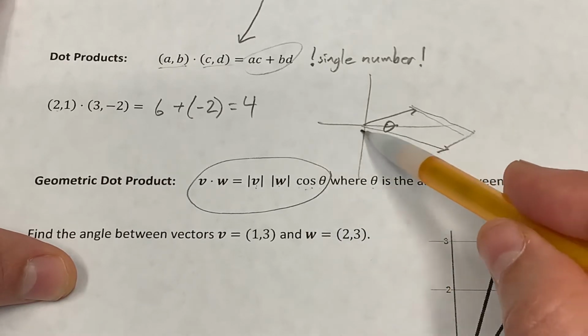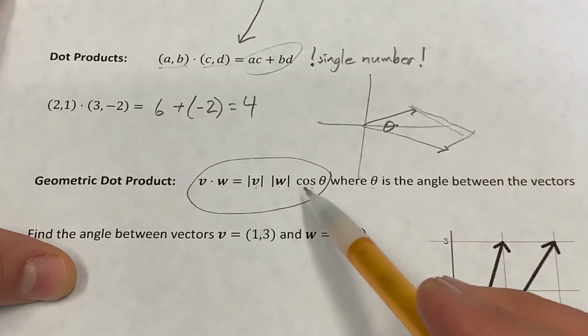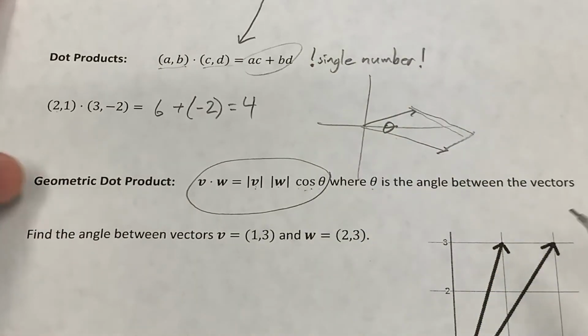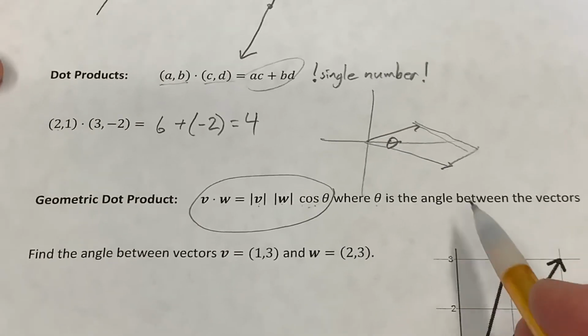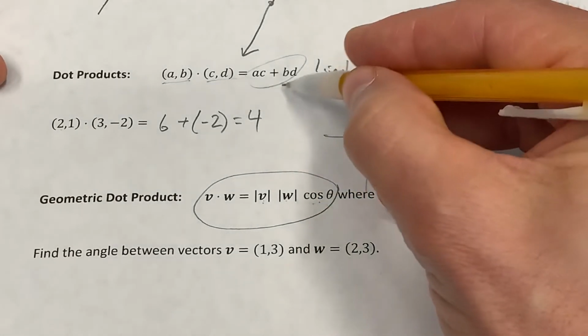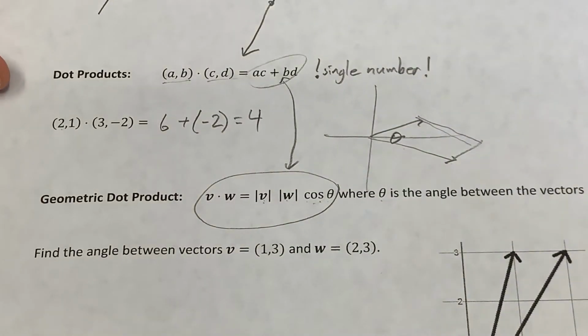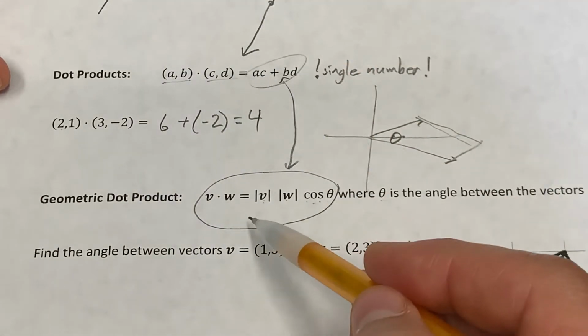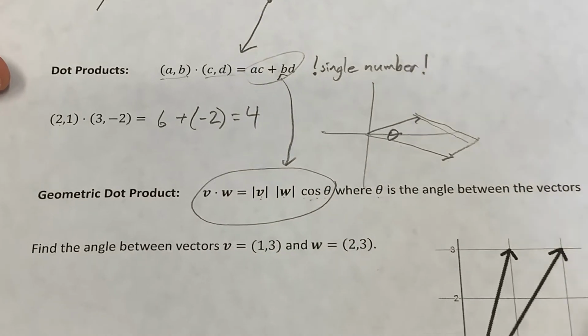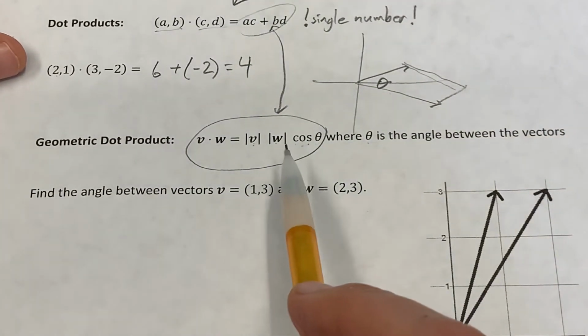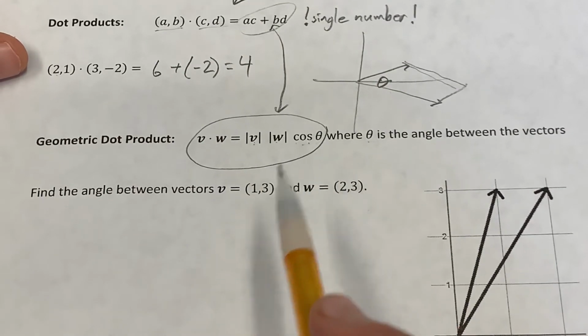And if they're perpendicular, cosine of 90 degrees would be 0. So you can see it is somehow related to that area. In your textbook there's an explanation of how these two definitions have exactly the same meaning. But let's just spend our time using this definition.